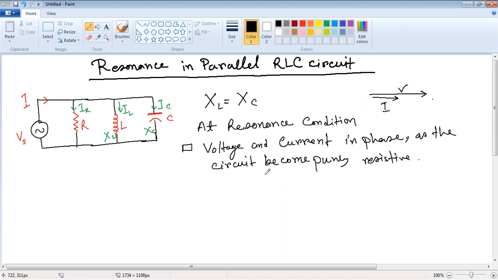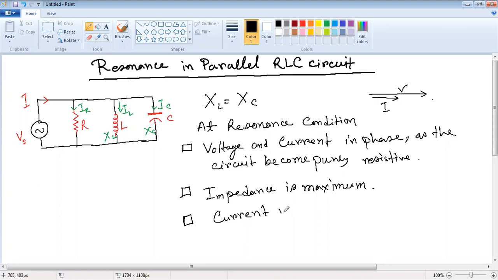The impedance is maximum. Just remember these things, because short notes come on this type of thing. Current is minimum, because if impedance is high, current must be low.